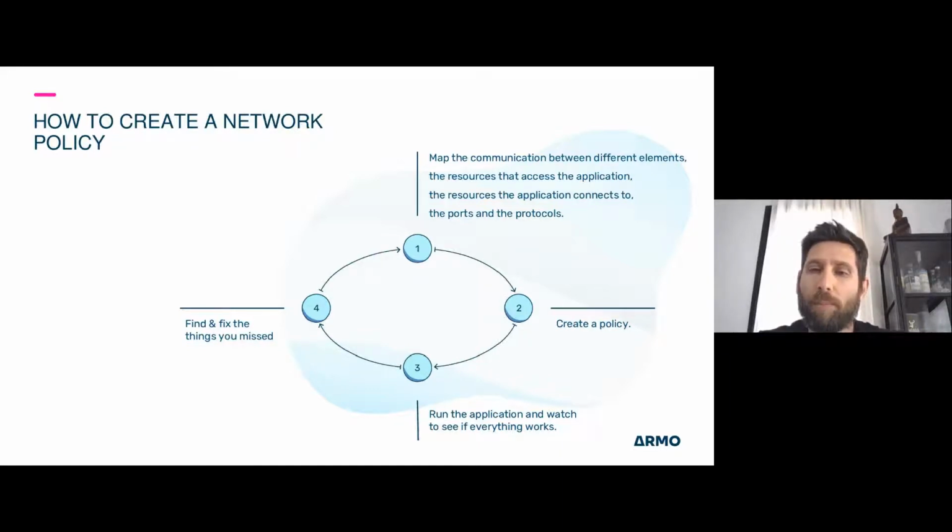Then you need to create a policy. Hopefully you have a language to describe this policy. Then you run the application, and you hope that everything is working well. And if it's not, you need to find what's not working well, and you need to fix it. And once you did that, you need to start again. Maybe something changed.